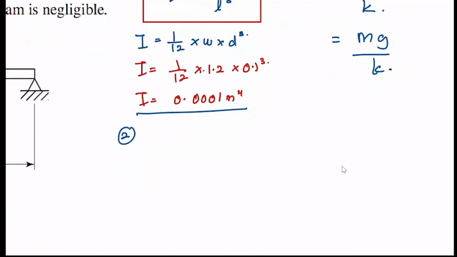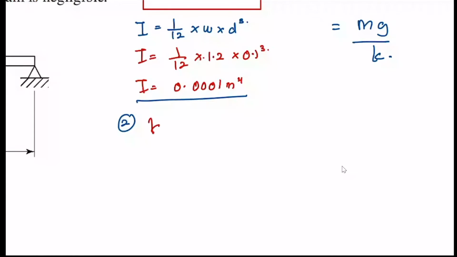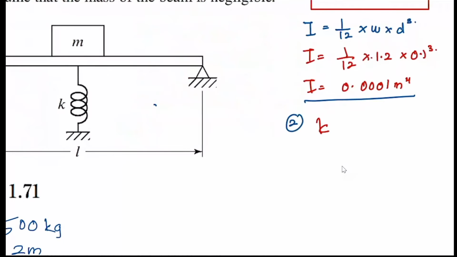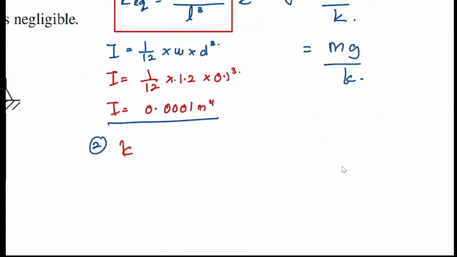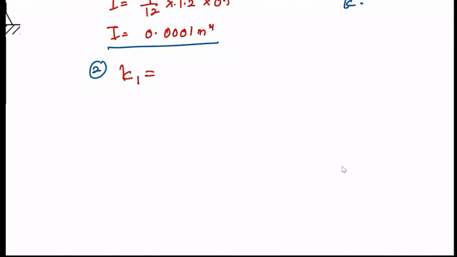Next, substitute your answer inside the formula. Remember, for the stiffness of the spring, the question already gave us the notation as the K. So I'm going to assume the stiffness for the beam is K1. So I'm going to find the stiffness for the beam, which I've already defined as K1.